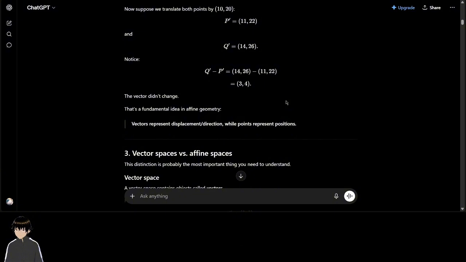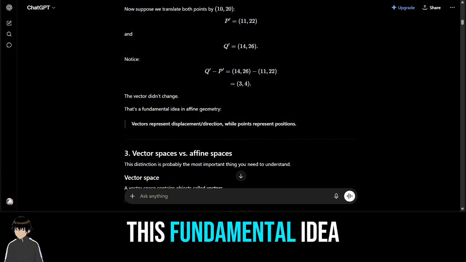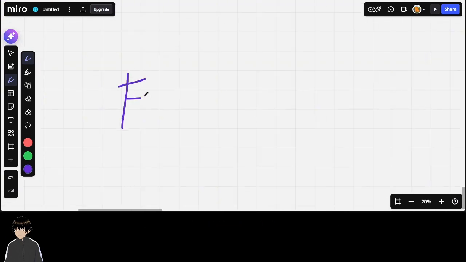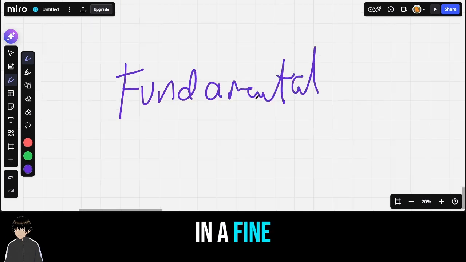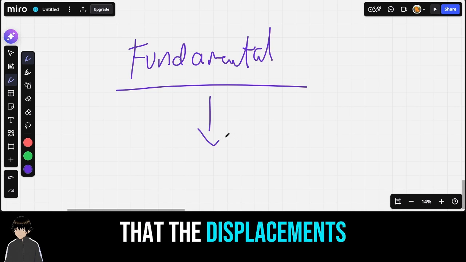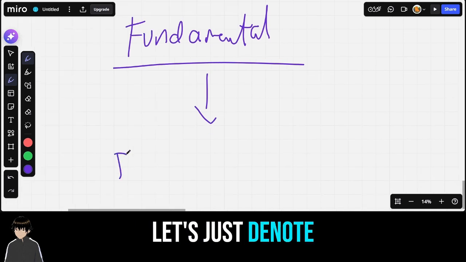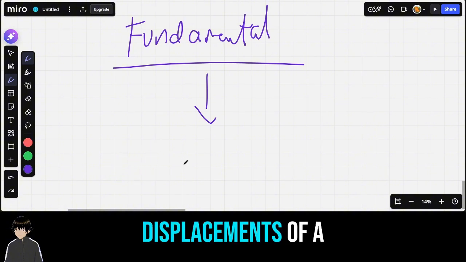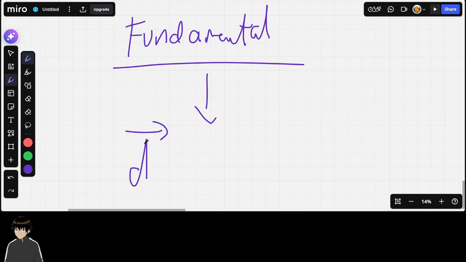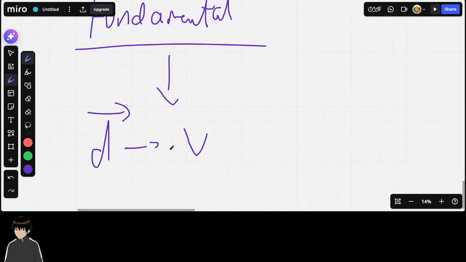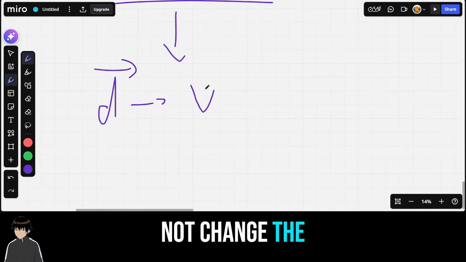So this fundamental idea that we're talking about in affine geometry is that displacements of a vector do not change the vector at all.